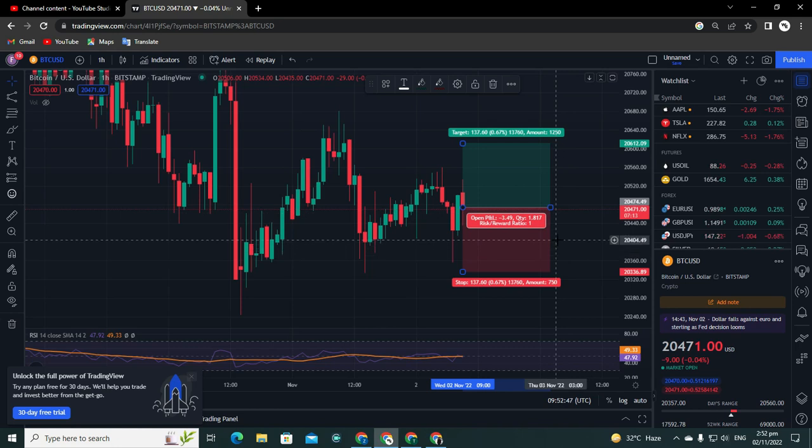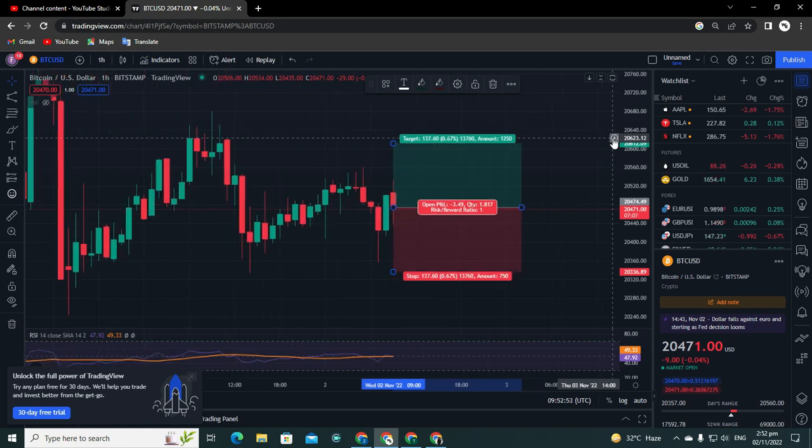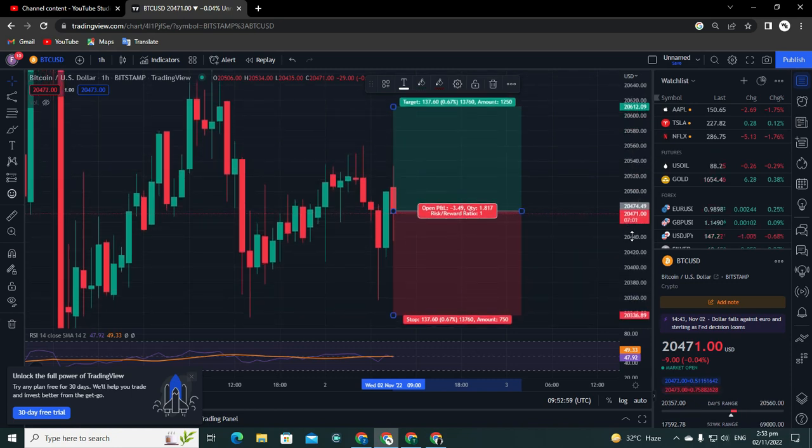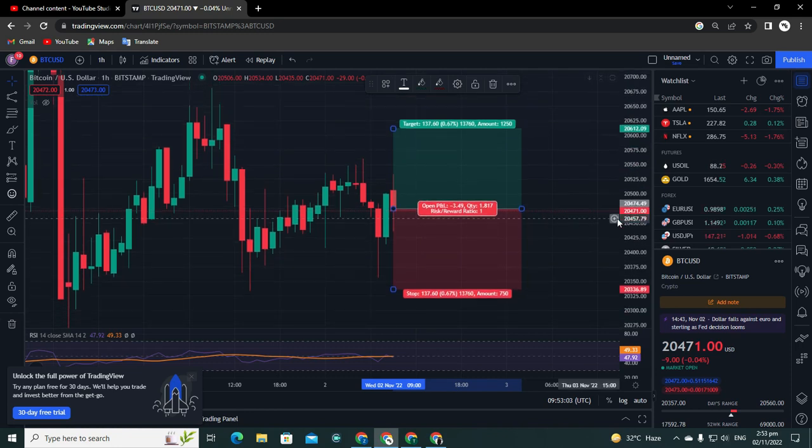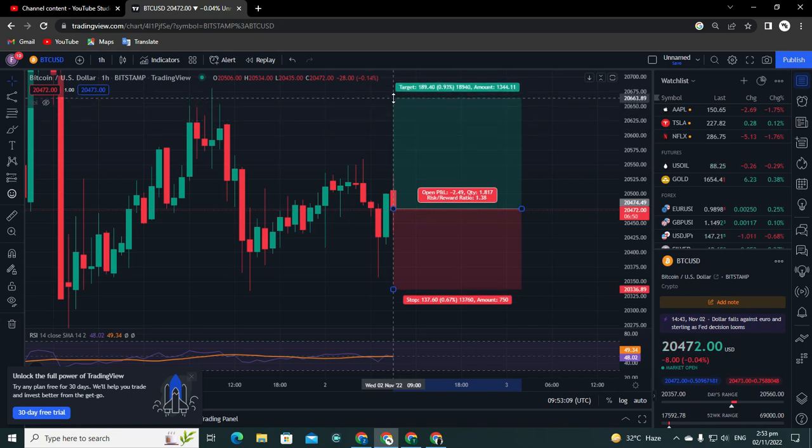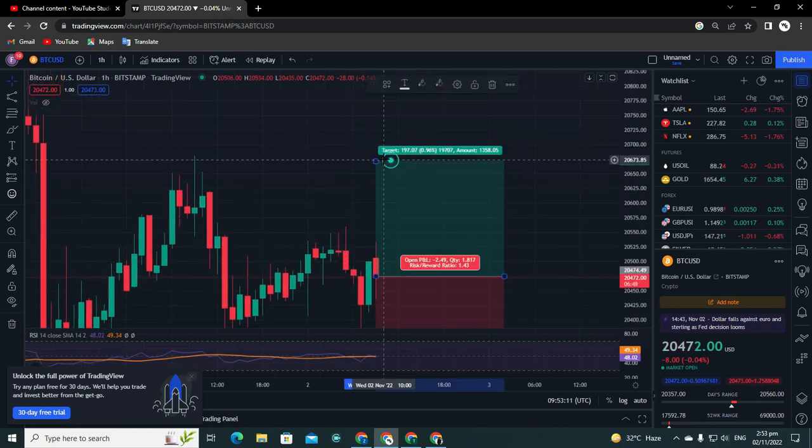So I will see a forecast like this when I click on the screen. Now they are showing me if I open a long position from here, and my target is opening at 20,471. I target, for example, 21,000.